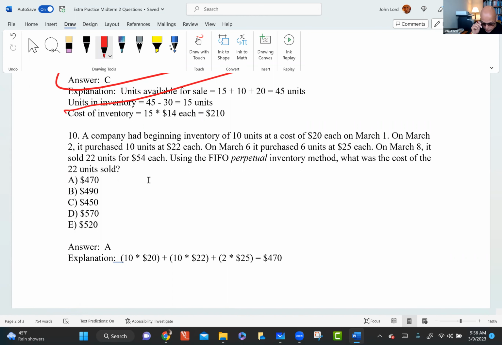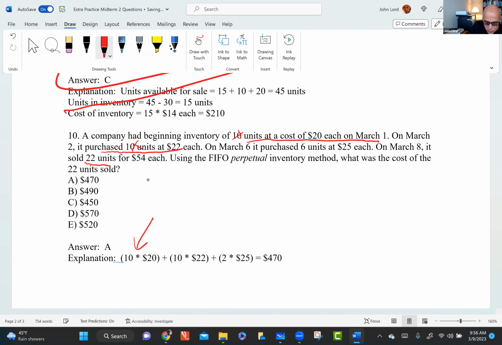So you look at this, and they took a little bit of a different approach now to get the cost here, but it's first in, first out. I know that I sold 22 units. So I'm going to account for those by saying, hey, I sold all of those that were on hand on March 1st. That's where that 10 is coming from. I then purchased 10, but I need 22 units. So that means that I would have sold all of those.